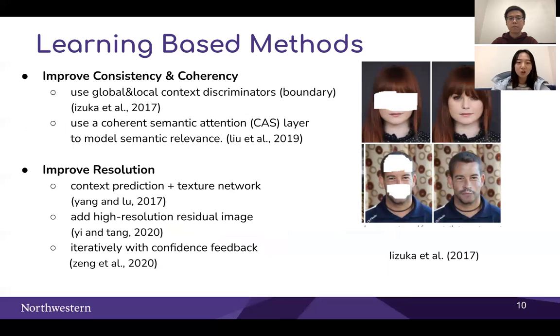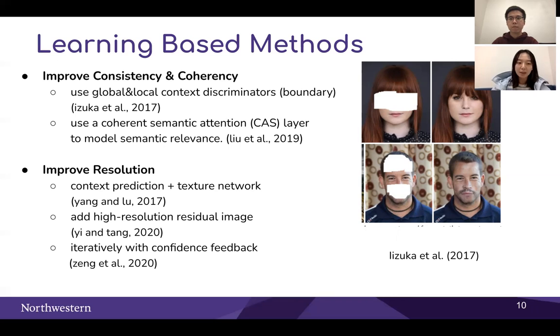Many other approaches have been proposed to improve the consistency, coherency, and resolution of the result. For example, by using a global and a local context discriminator, the global discriminator can improve the consistency and the local discriminator can make the boundary more coherent. Also, a coherent semantic attention layer can be added to model the semantic relevance to improve the coherency.